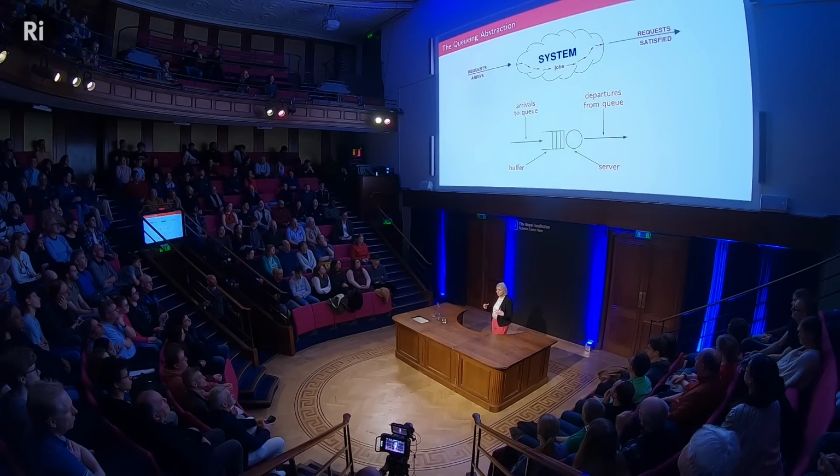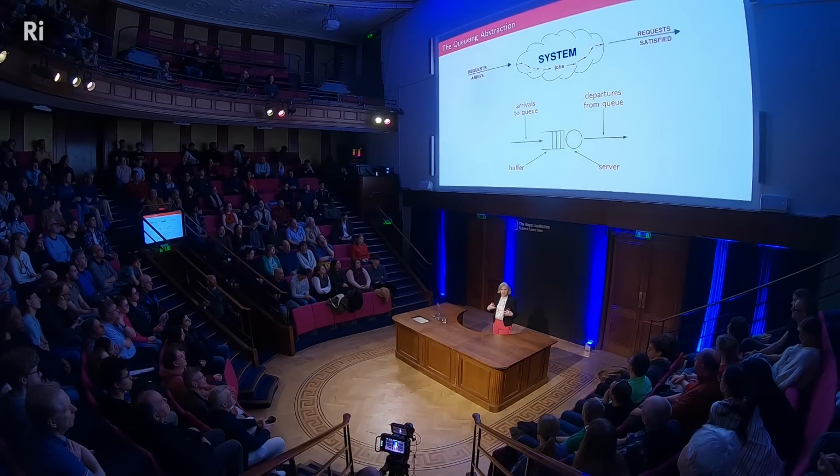This abstraction is incredibly useful because we can now start to imagine variations on it. Okay, so when we think of the post office, quite often you might have two counters open with a shared queue. Okay? So that represents having two servers in this abstraction, and we encode that in the maths. We can think of different serving disciplines.